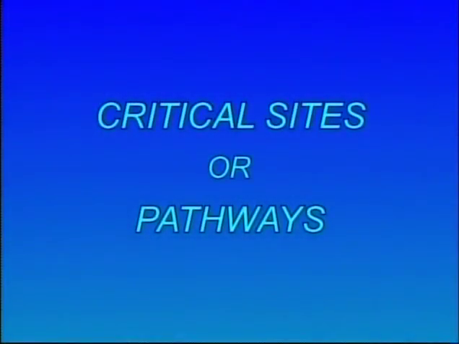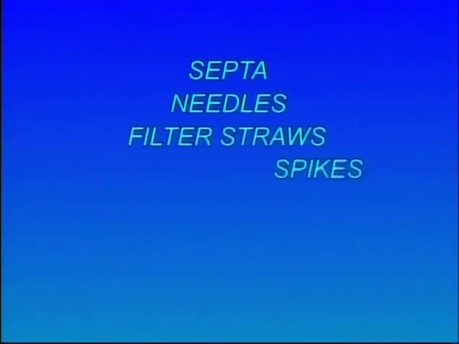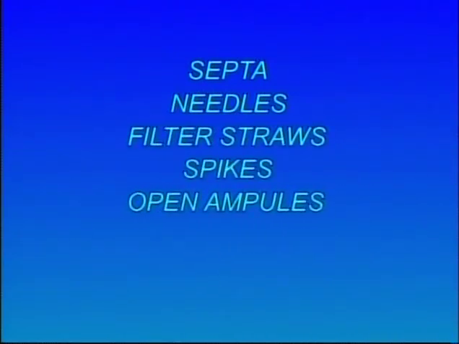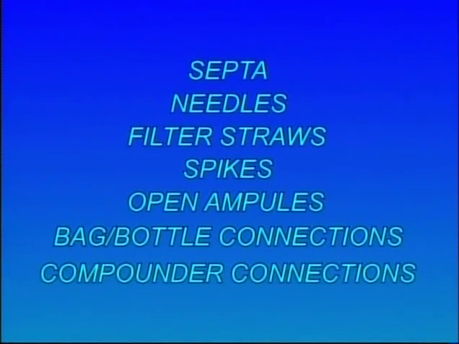A critical site or pathway is any location or route through which the product may become directly exposed to contaminants. Examples of critical sites and pathways are septa, needles, filter straws, spikes, open ampules, bag and bottle connections, and compounder connections.